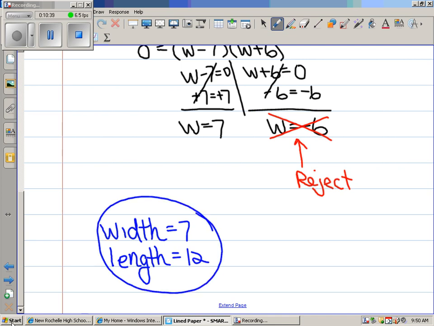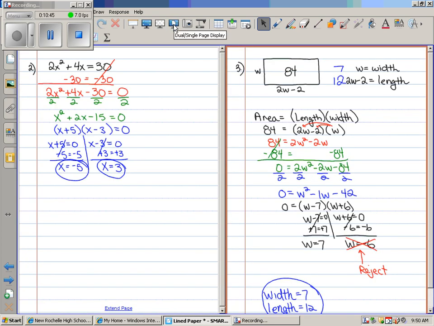And circle it up. I suppose maybe you could go like this. Instead of writing it on that side, since we could get lost in that, we could write it on the other side. So the width equals 7 and the length equals 12. Just like that.